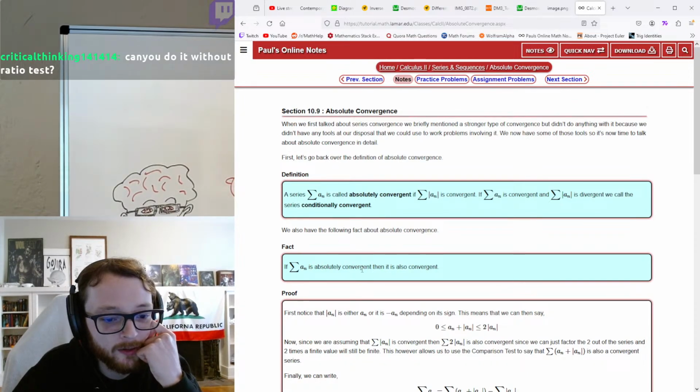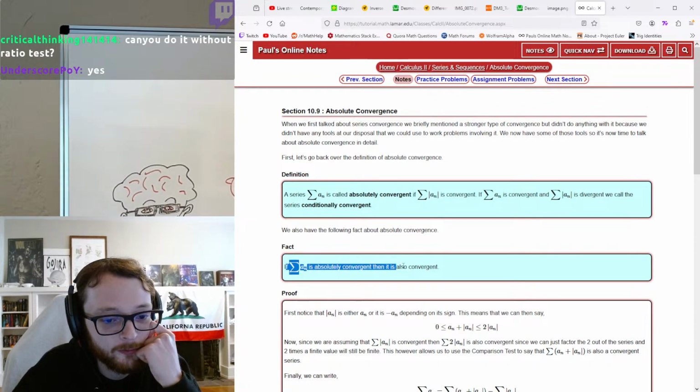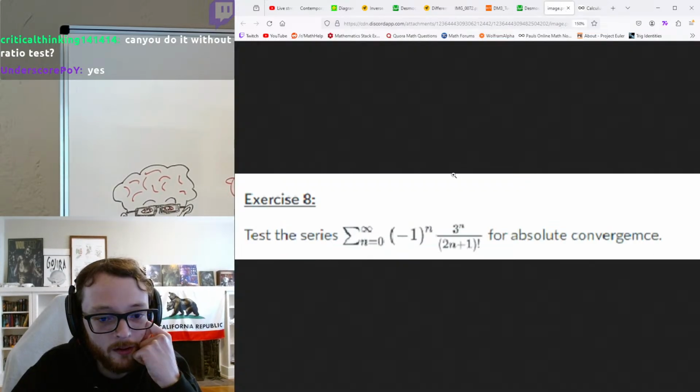I think we need to look at the non-alternating series and hope that that's a convergent series. It should be, because I think factorial is much stronger than exponents.